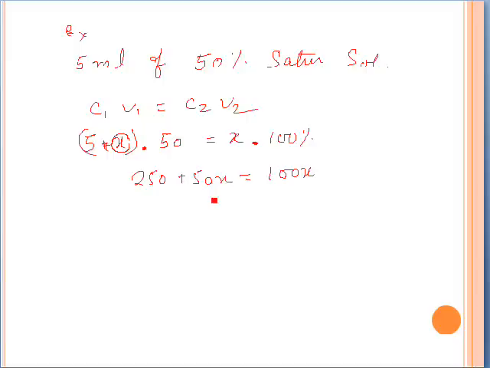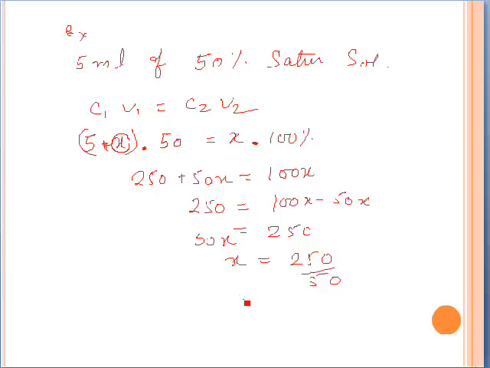And here we can calculate 250 equals 50X, because 100X minus 50X gives 50X. And now the X value comes out: 250 divided by 50, the value is 5 ml.